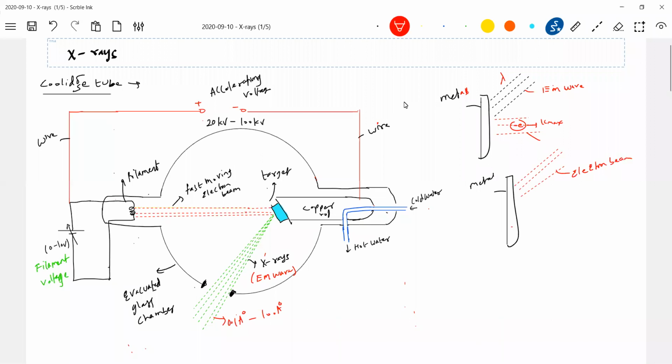Don't call them photoelectrons. I can produce electrons by many methods. Then the resulting spectrum, we'll call that X-rays here, or say photons.